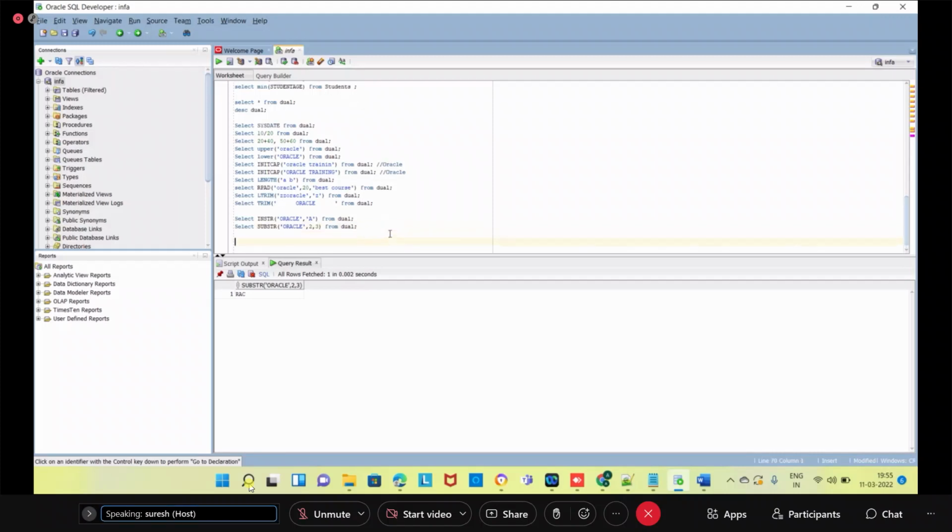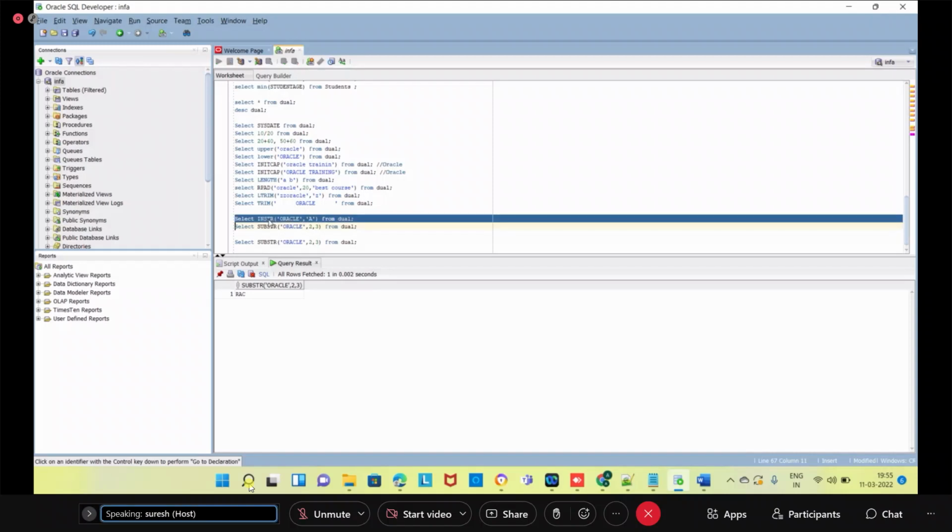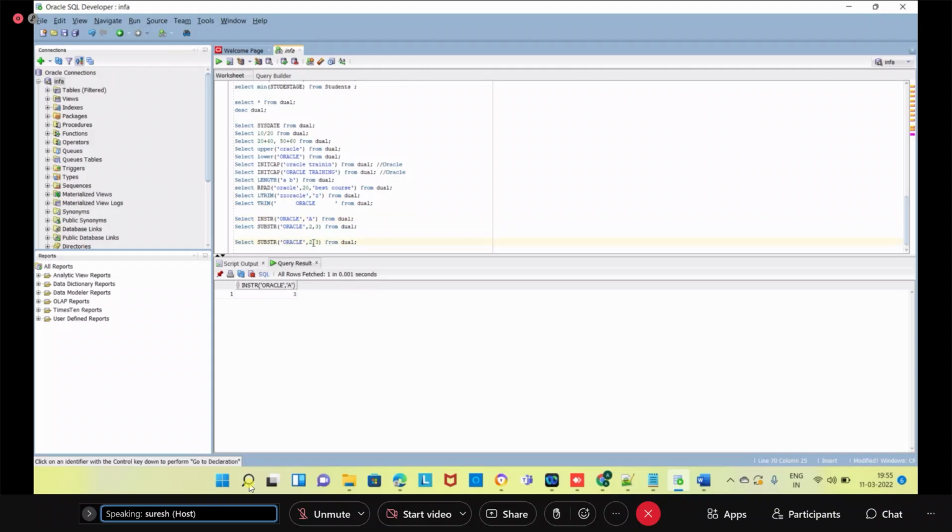Let me integrate both of them. I want to cut the portion from A till three characters, which means I want ACL. In that case, the instring command will give the position of the A, which is 3, and then from that position I need three characters.